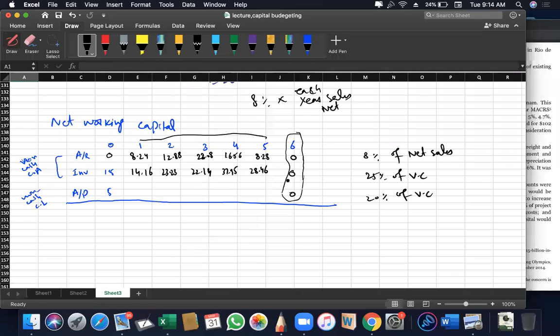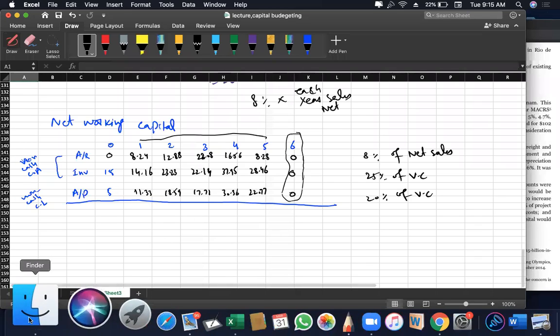In every question you can write the same thing when you are calculating the working capital management, because we have to recover the amount. Accounts payable: 11.33, 18.59, 17.71, 30.36, and 22.77.